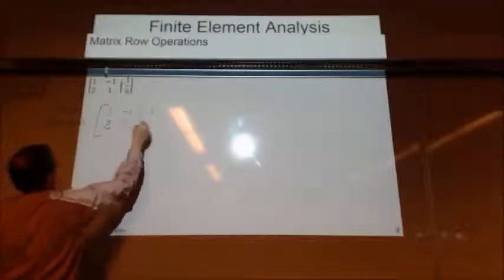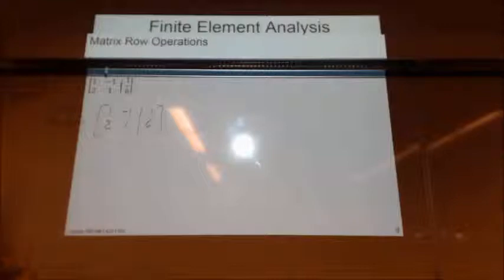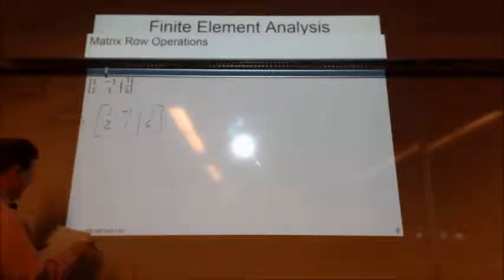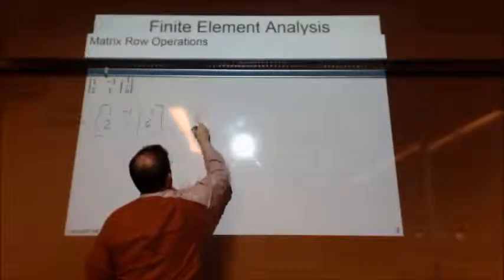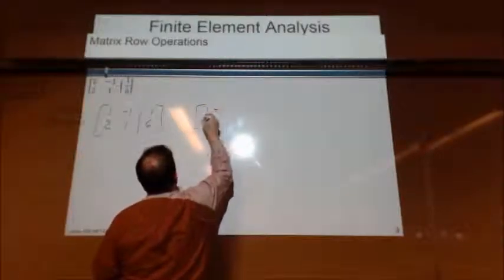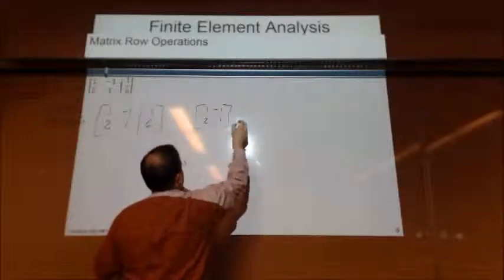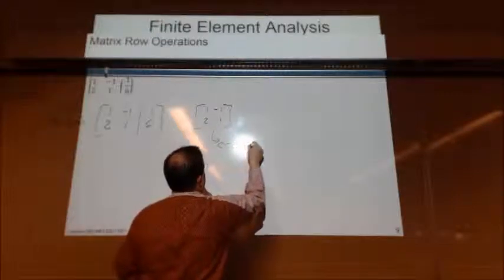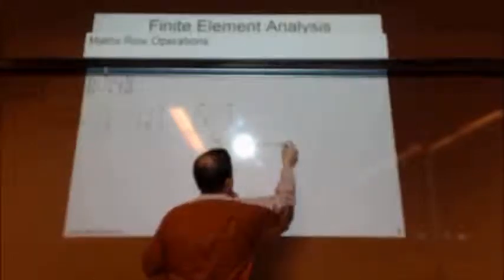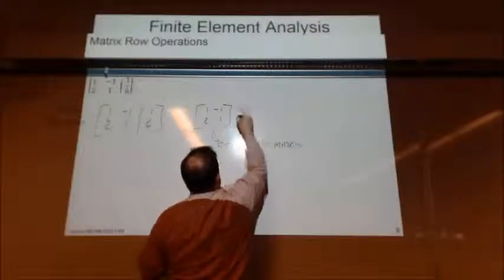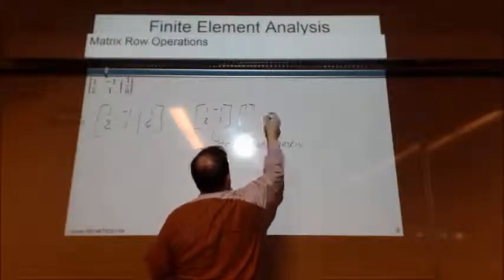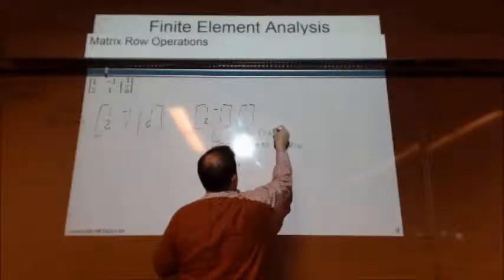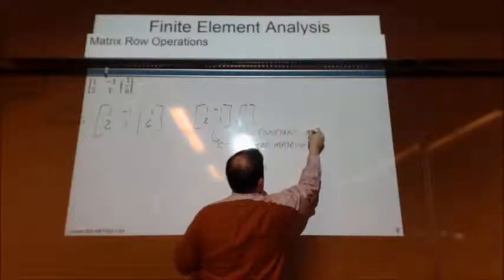This is 2, 1, 6. So now we can use our row operations to solve this for the unknowns x and y. Okay, and we say that this portion is the coefficient matrix, and this is the constant matrix.